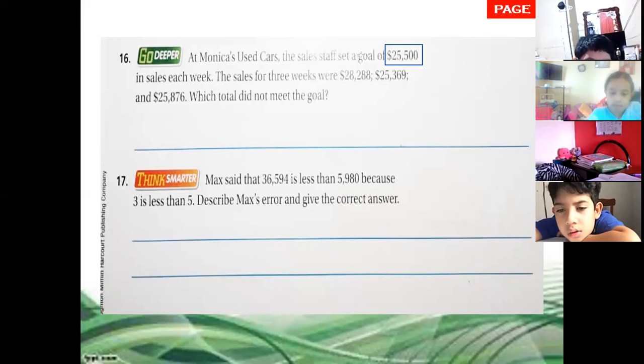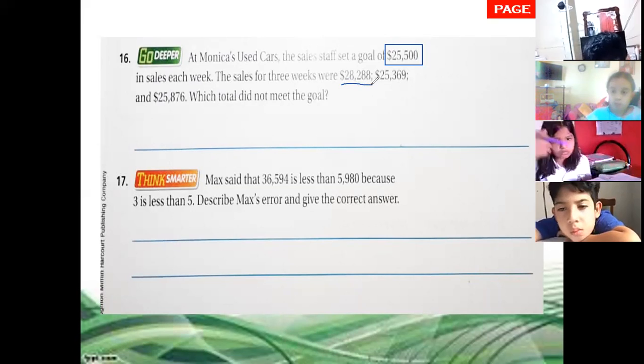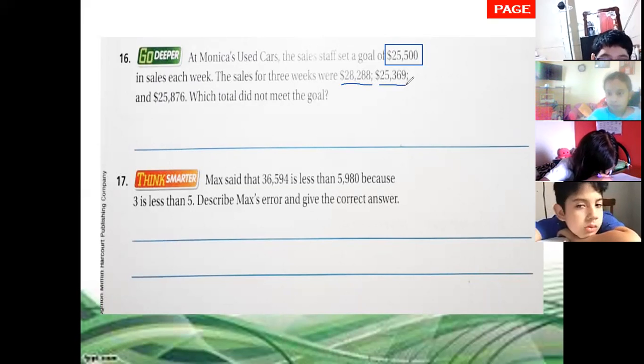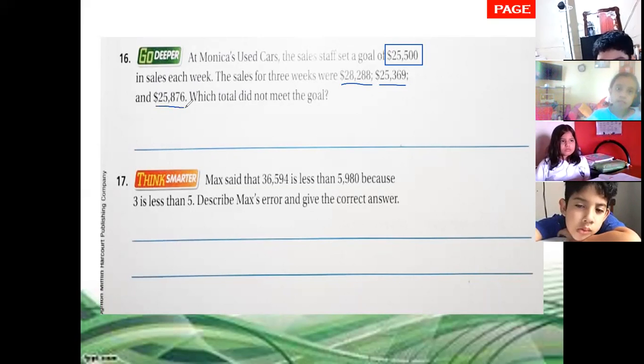Okay? So she sold 28,288 one week, 25,369 another week, and 25,876. One of these amounts did not meet the goal. No alcanzó la meta.